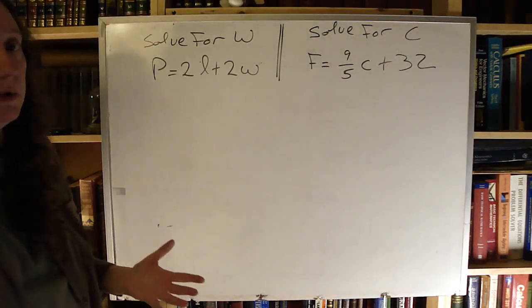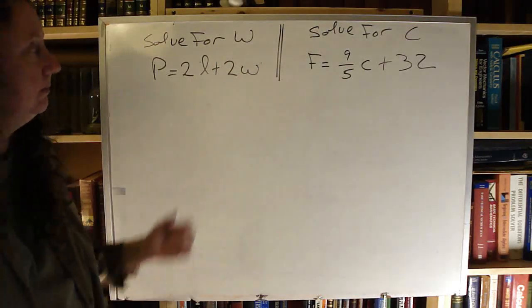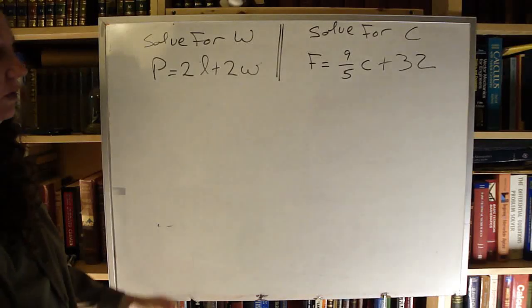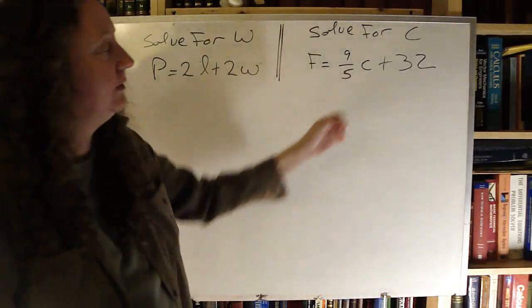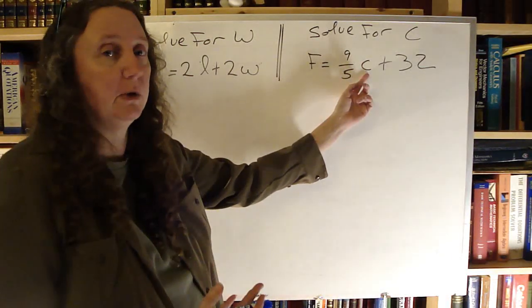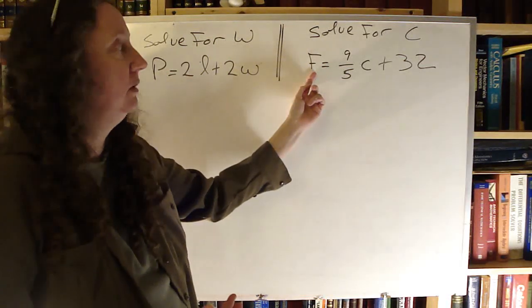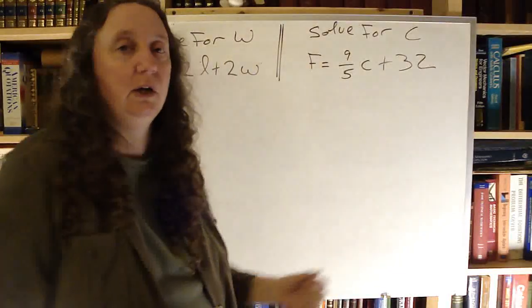Well, we can't come up with W equals some number because we don't know what P and L are. So we're going to come up with an equation. Same thing over here. We can't come up with C equals some number because we don't know what F is. So we're going to have an equation. C equals an equation.